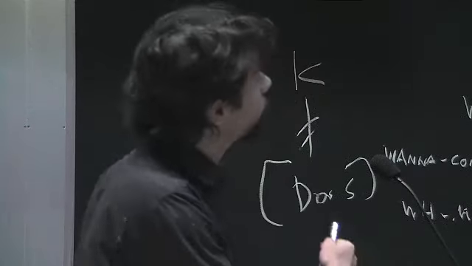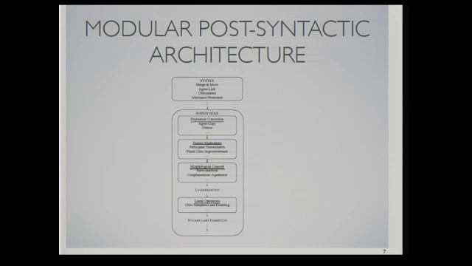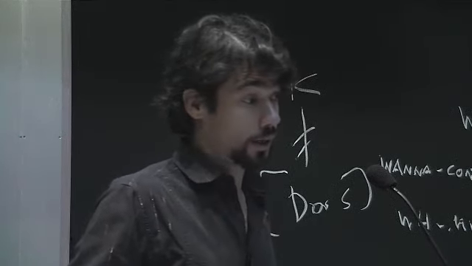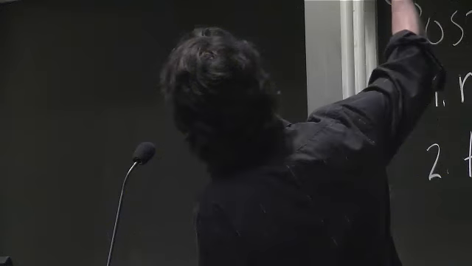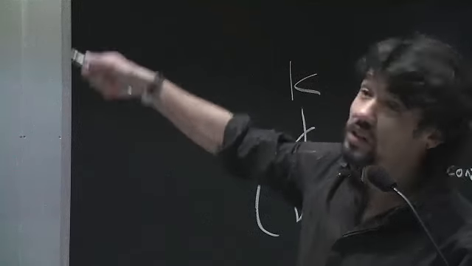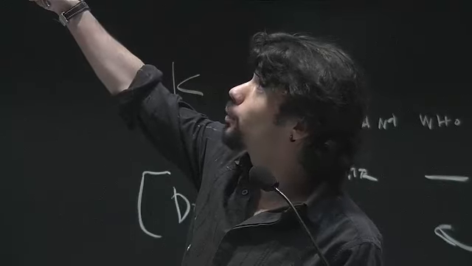This is the overall architecture we have in mind, and you see here that syntax is one module of the grammar, post-syntax is another module of the grammar, but within post-syntax are a number of distinct submodules. And each of those submodules has specific representational properties. Now, one of the guiding principles in this type of work, which I think is a useful methodological dictum, is the notion that the higher up you are on the road to PF, or as Chomsky was talking about, on the way towards externalization, the more universal and principled the operations will be.